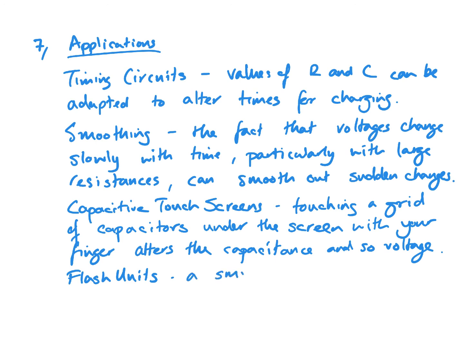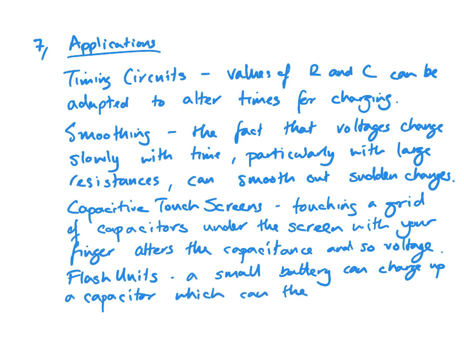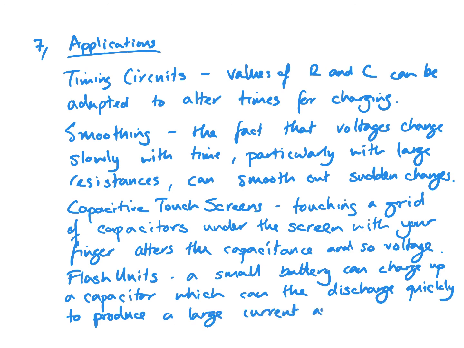So a small battery can charge up a capacitor which can then discharge quickly to produce a large current. And that can give you a bright light.